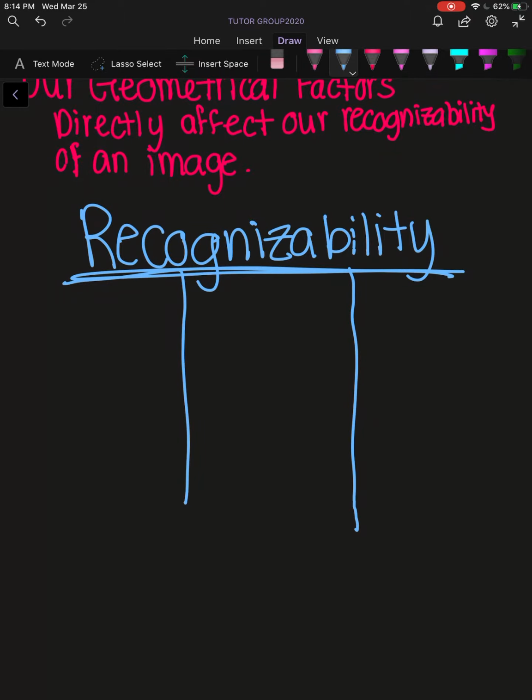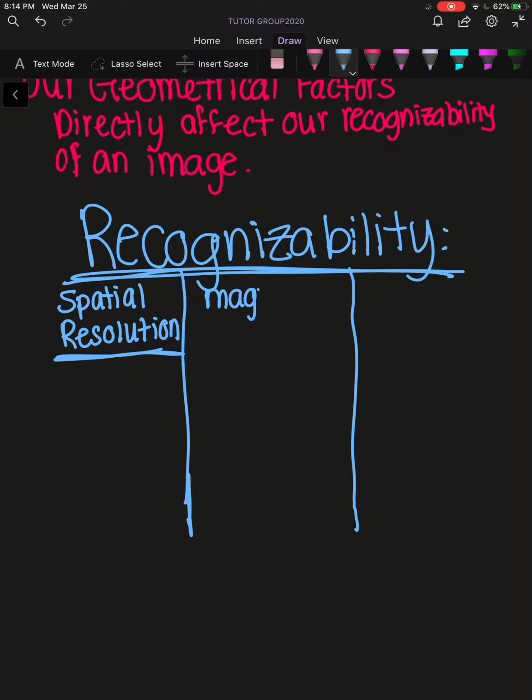And I'm going to space this out like I did in the other video so you can see what's going on. It goes off of three factors, and that is spatial resolution, magnification, and shape distortion.